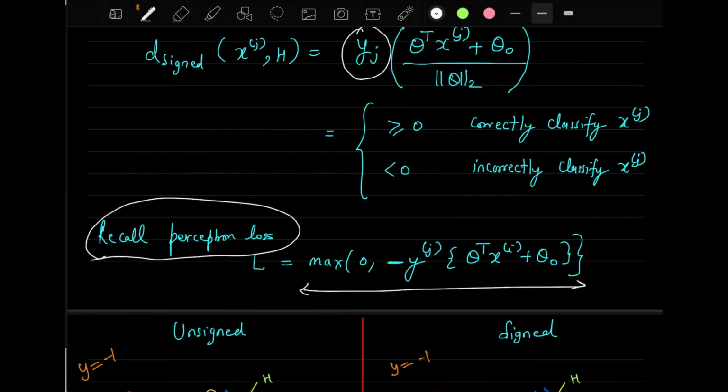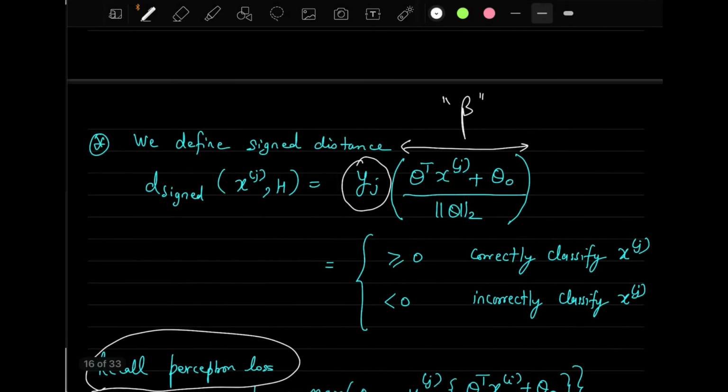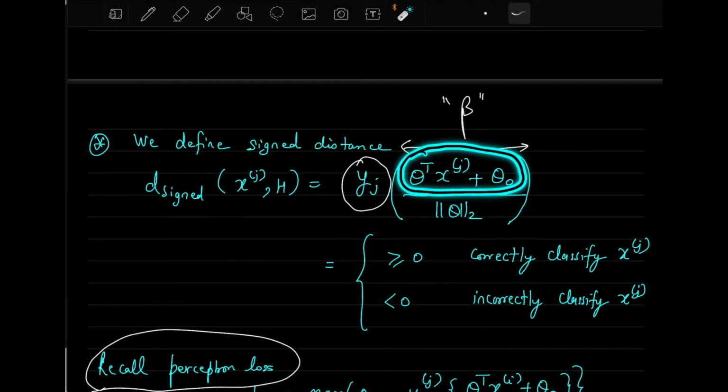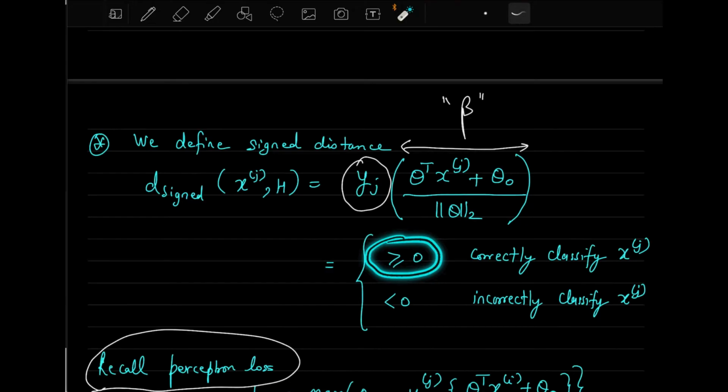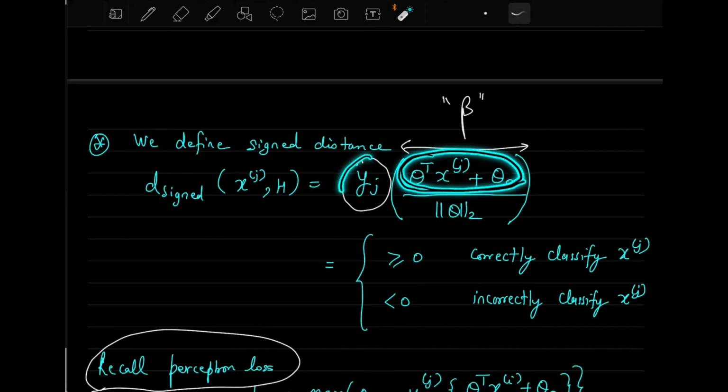The same argument holds here also: this particular thing is the prediction of the hypothesis function, and this is the actual label. If your actual label and the hypothesis prediction are the same, then when you multiply the two together, your value will be greater than 0. And if the prediction of your hypothesis is different from the actual label, then you are doing the opposite, so your value will be less than 0.